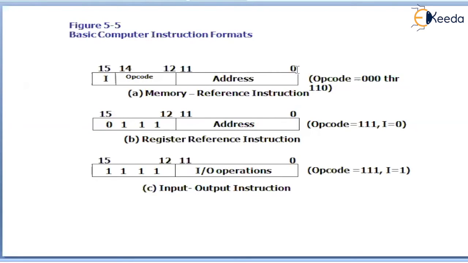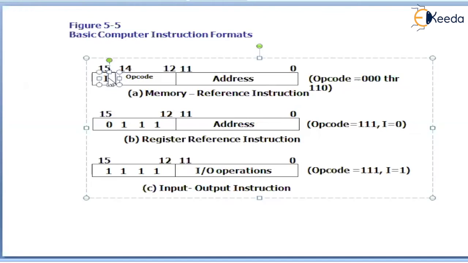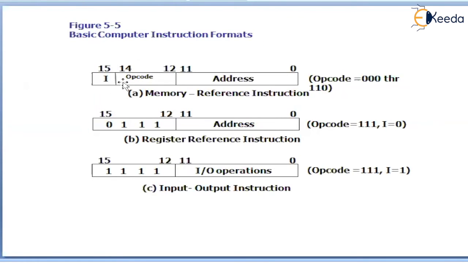The total number of bits in the instruction register is 0 to 15, that is a total of 16 bits. The first one is the mode bit. It is called the I bit. Next, bits 12, 13, 14 give us the opcode bits. The least significant bits 0 to 11 are the memory address, right?